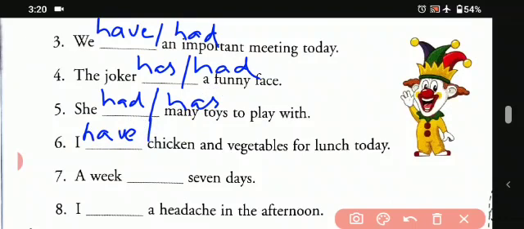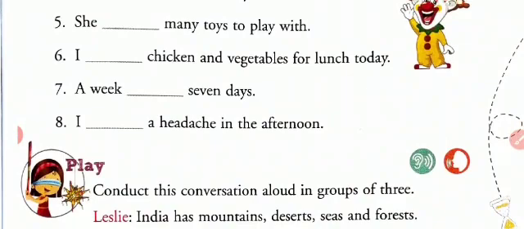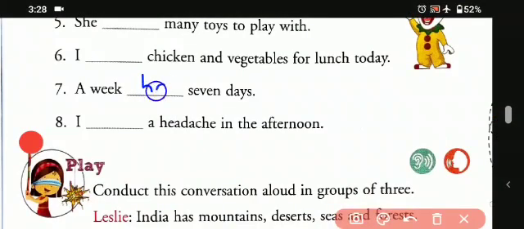Then I had chicken and vegetables for lunch today. Then the next one. A week dash 7 days. So a week has 7 days. Then the eighth one. I had a headache in the afternoon. So I had a headache in the afternoon.